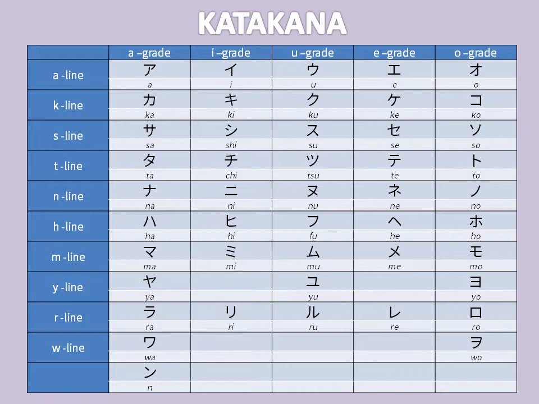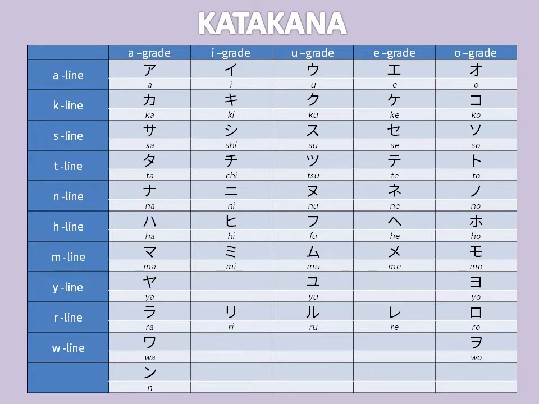So starting from the top left, A, then right next to it, I, then U, E, O. Then K line A grade, Ka, then right next to it, Ki, Ku, Ke, Ko.